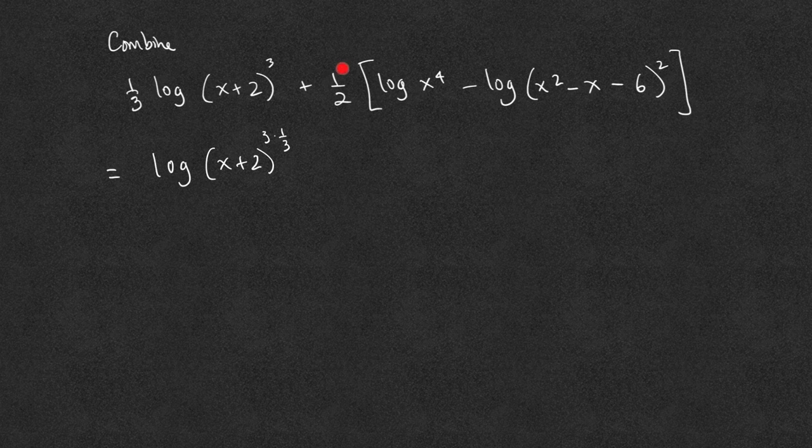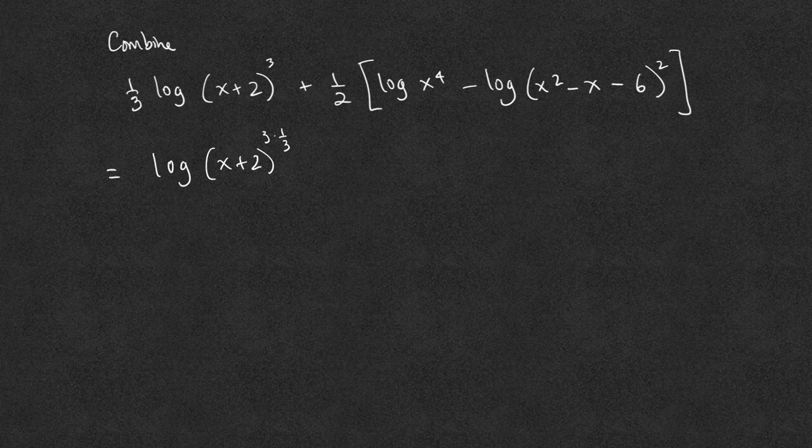We won't be able to bring this 1/2 to the exponent of the bracket because inside of this bracket is not one single log. If this was one single log expression, then we would be able to bring the exponent up or down whenever we want.